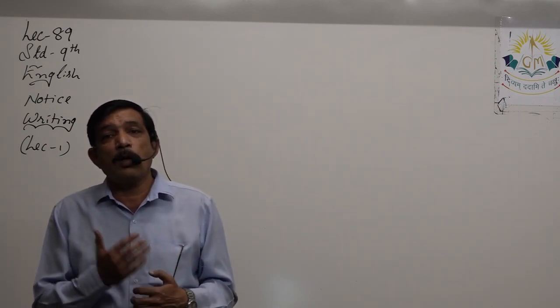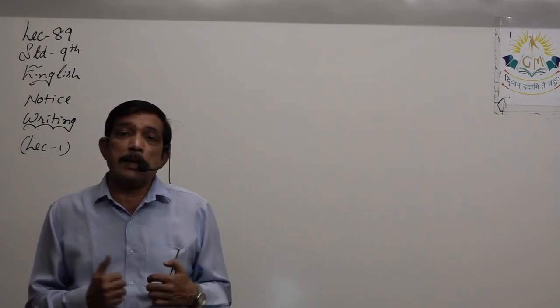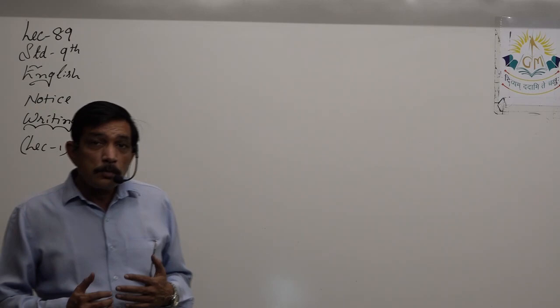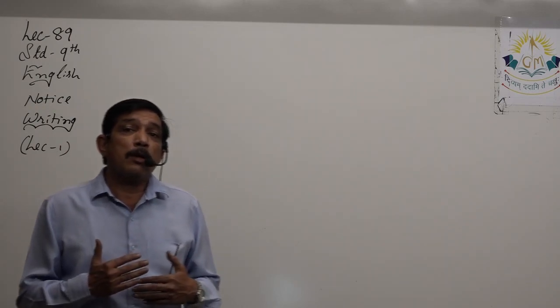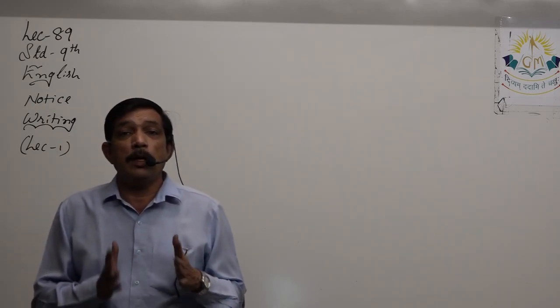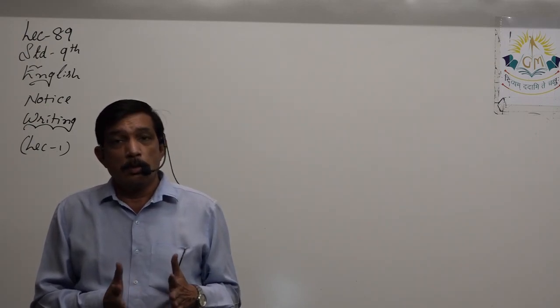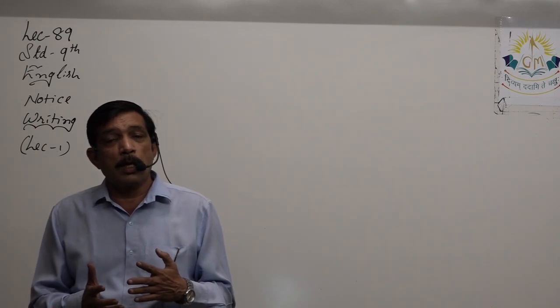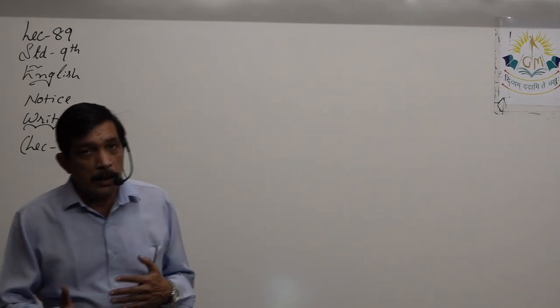Then we can opt for an essay. If one of the essays is easy and we have practiced it, we can attempt that one. We can do that if we have enough practice in all the different writings in sections C, D and E.